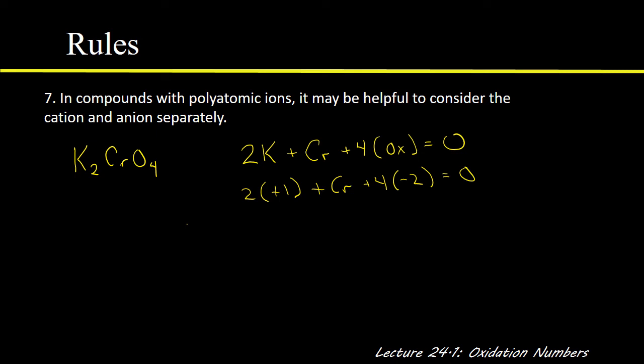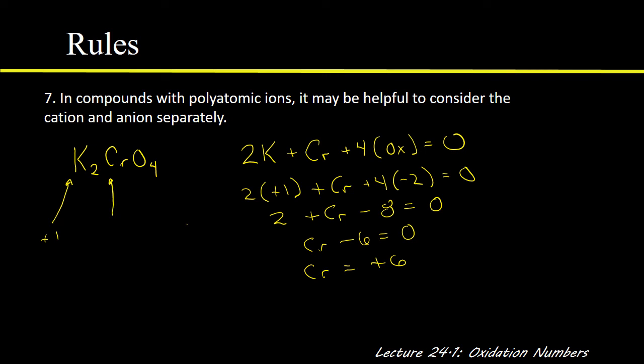Okay, so if we do the math on this, we end up with 2 plus the oxidation number of chromium minus 8 equals 0. This gives us chromium minus 6 equals 0, or chromium equals +6. So potassium is +1, chromium is +6, and oxygen is -2.